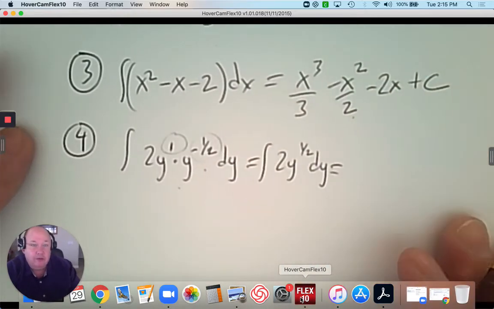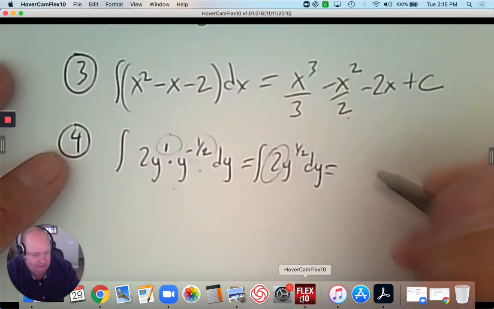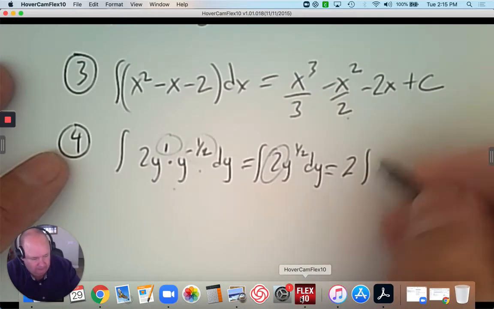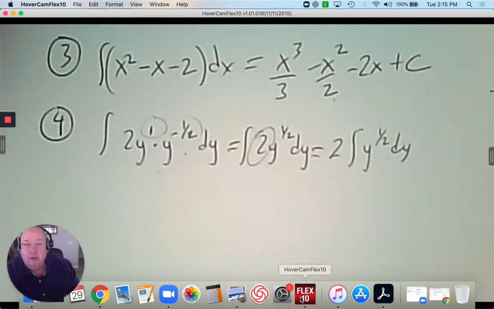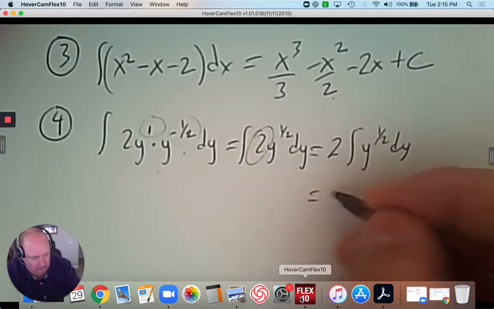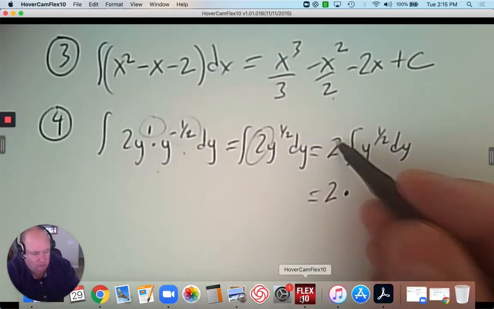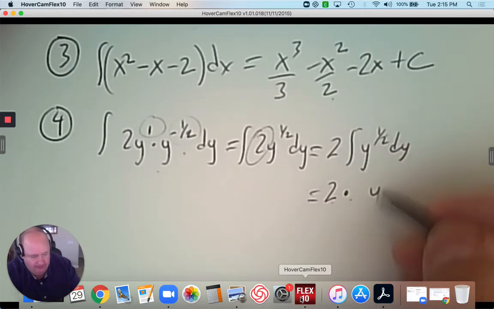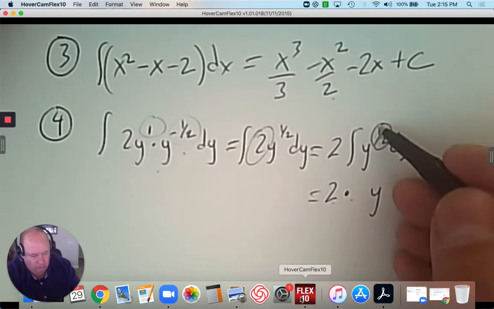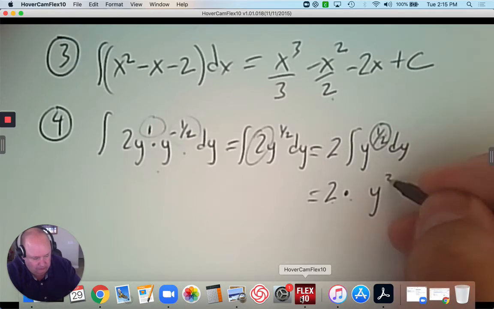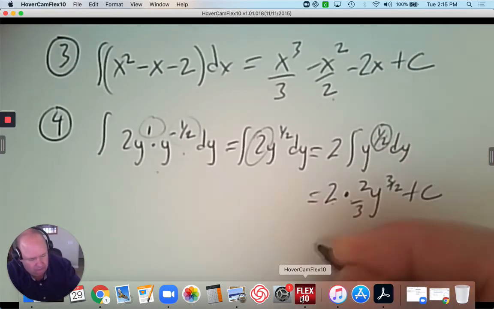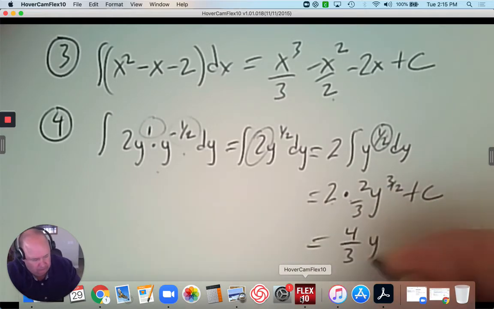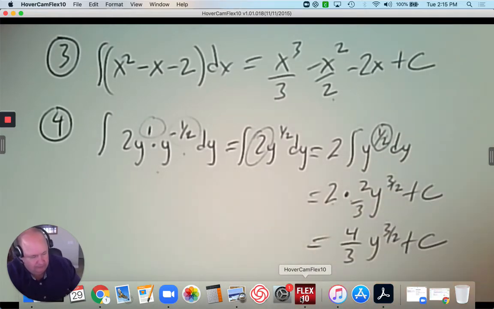Now one of the rules to antiderivative is that any constant can be written in front of the integration, if that's helpful. And then when we do the antiderivative, we have 2 in front. I'm going to go 2 times, and we add 1. So 1 plus 2 is 3 over 2. Divide or times the reciprocal. So it's good practice to know this is 4/3 plus c.